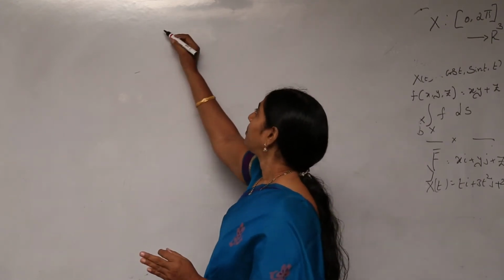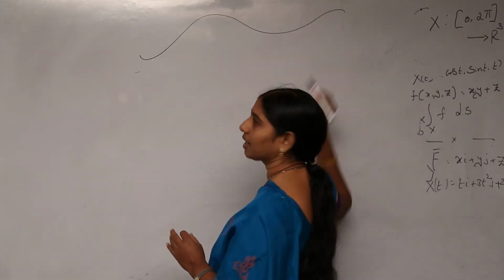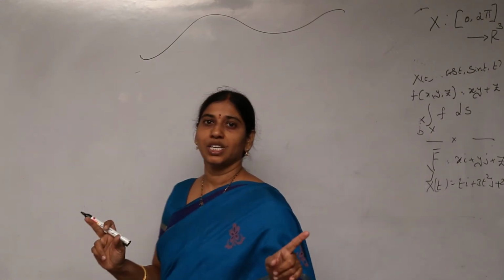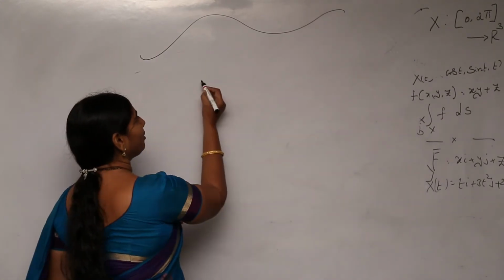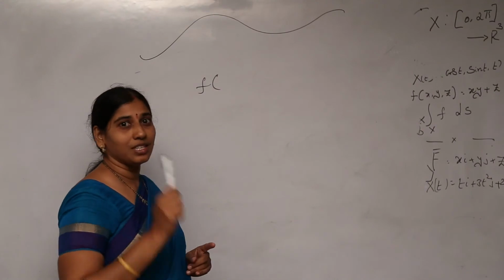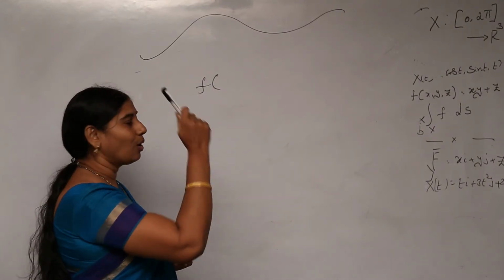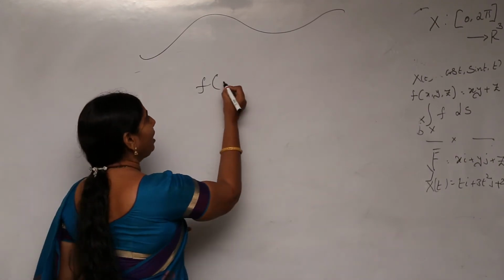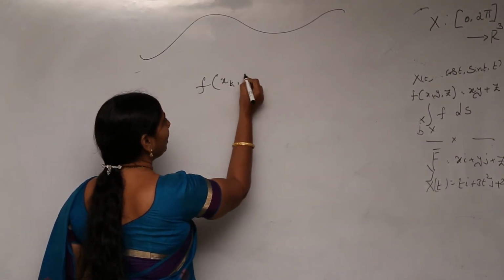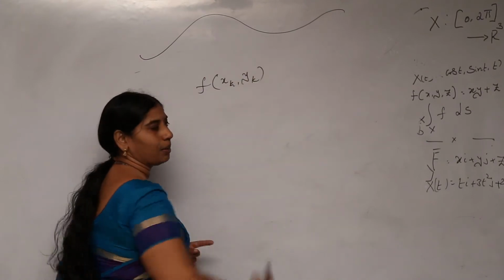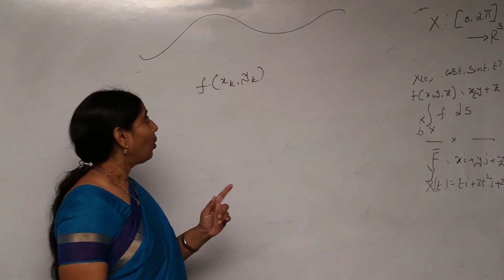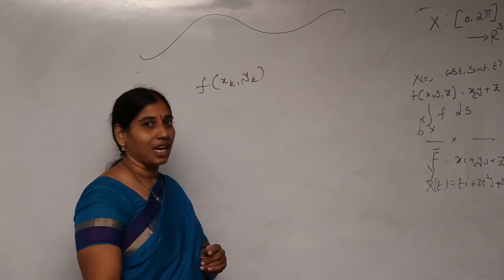The curve is the same, the partition is the same, and our function is not the same. Earlier the function was a scalar point function. Now our function is a vector point function f of xk comma yk. Earlier the length of the arc was a scalar.